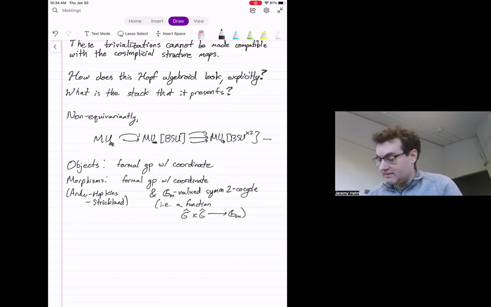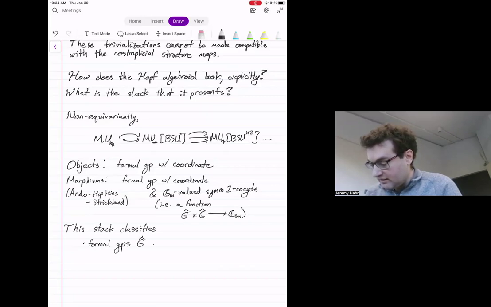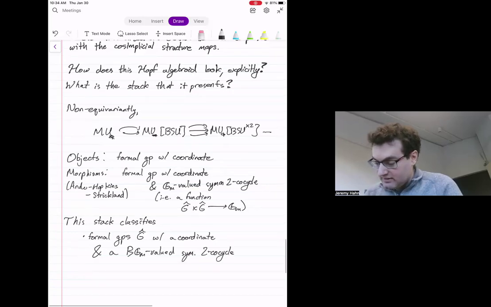But one way of saying what's going on is that this stack classifies formal groups G hat with the coordinate and a BG_m valued symmetric 2-cocycle that is locally trivial.